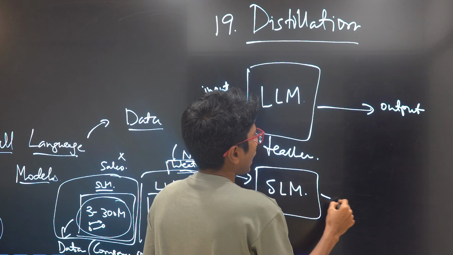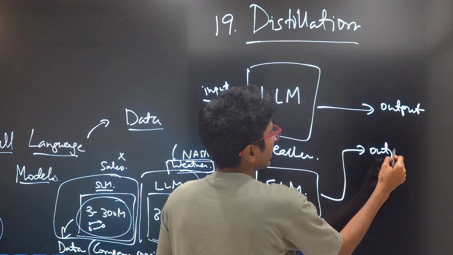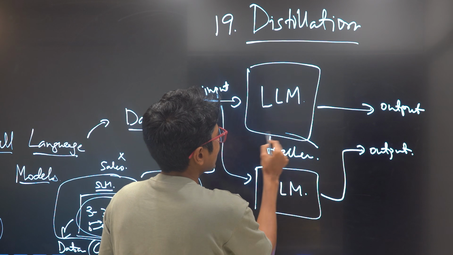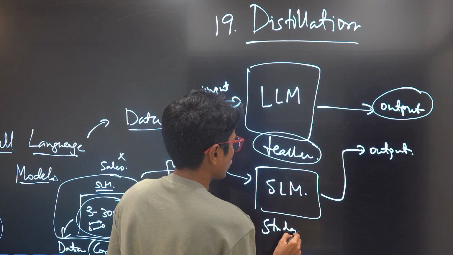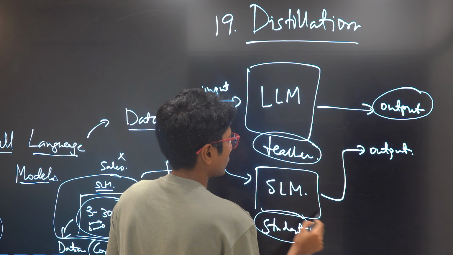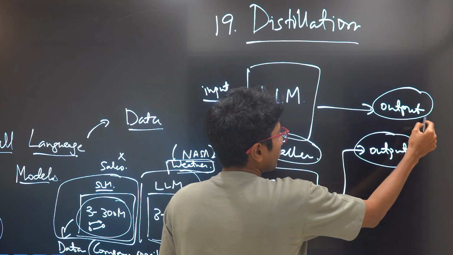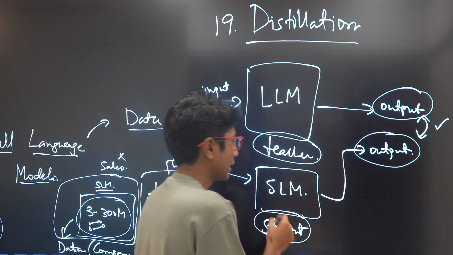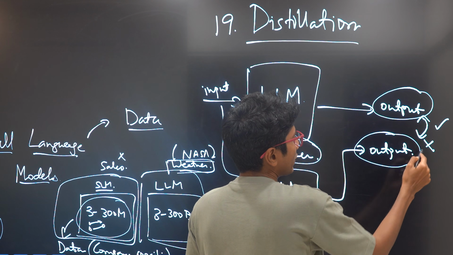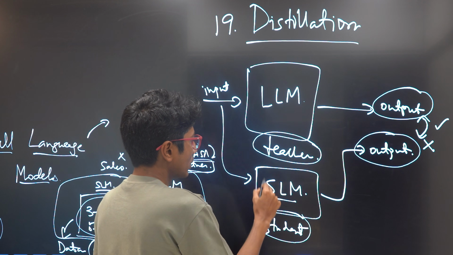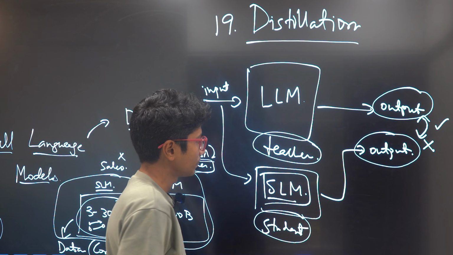And it also tries to predict the output. So the teacher produces an output and the student tries to mimic the teacher. If these two outputs match, then the small language model is doing well, no weights need to change. But if it's not doing well, then the internal weights of the small language model are changed.